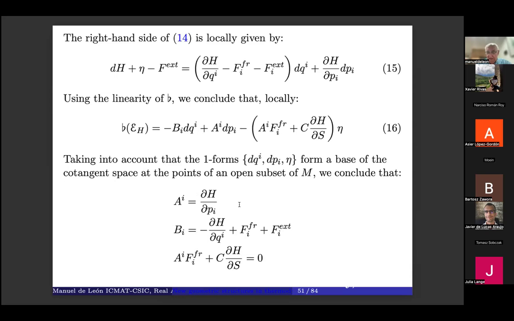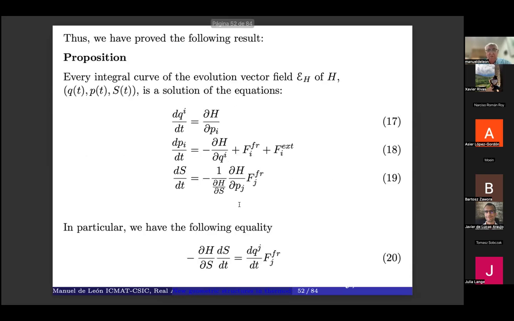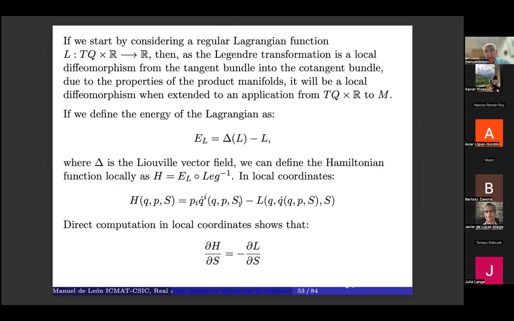Well, we obtain in the usual way the components of the evolution vector field, and now we can consider the integral curves of this evolution vector field. And we have these equations and this equality. Of course, if we have a regular Lagrangian and the Hamiltonian comes from this regular Lagrangian using the Legendre transformation, we can move everything to the Lagrangian side.